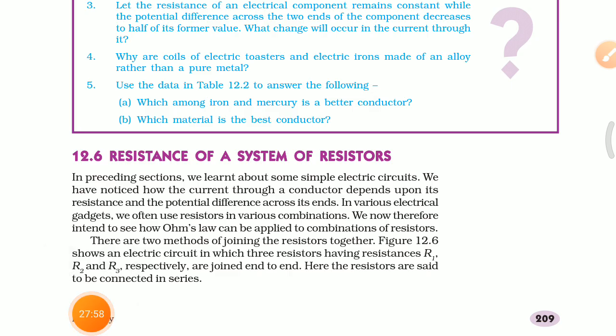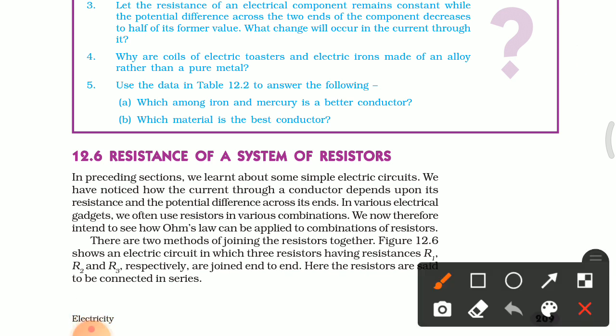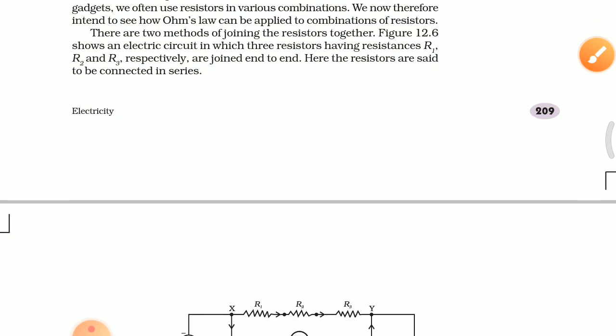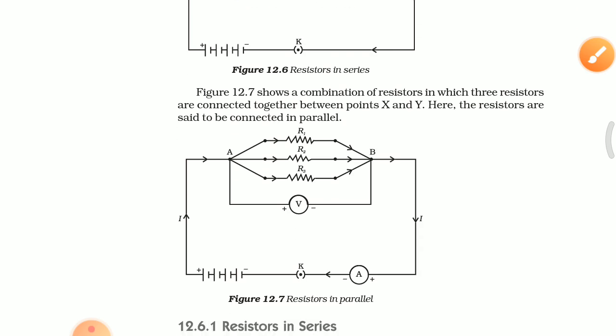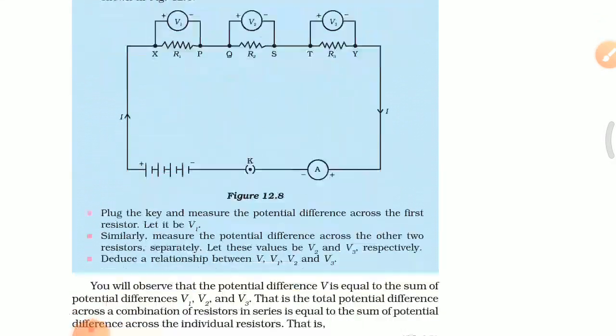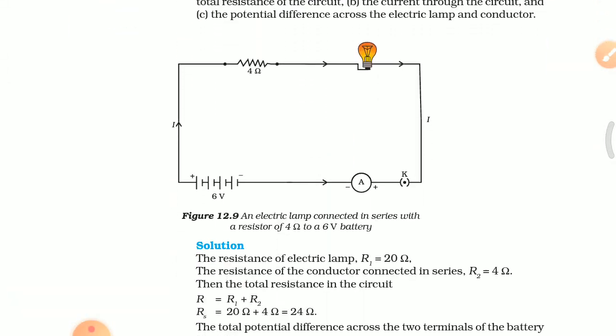And chapter number 12, electricity, is completed. You have to take your book and open the book page number 209 and see resistors of a system of resistors. Using today's topic, you can do the numericals.